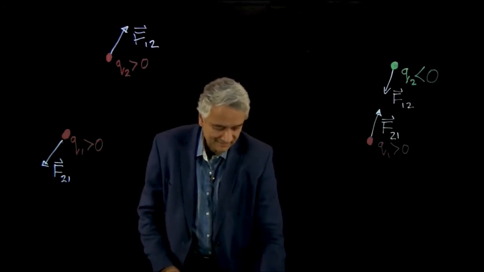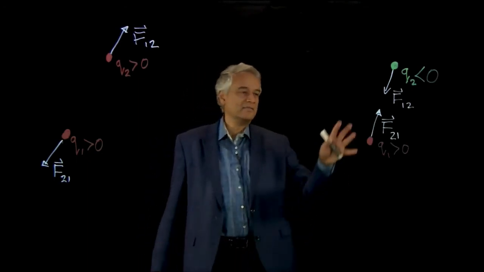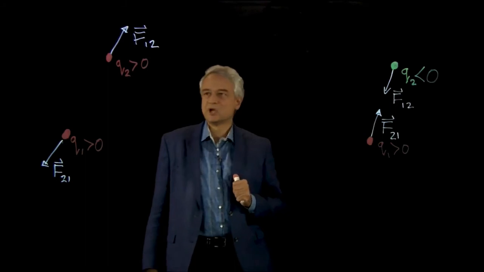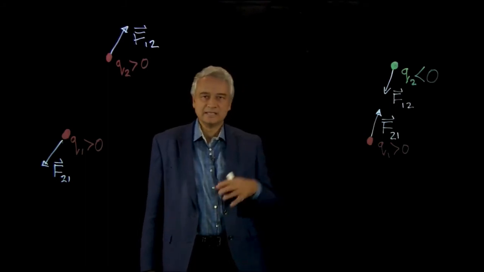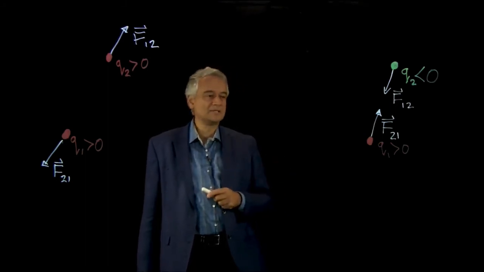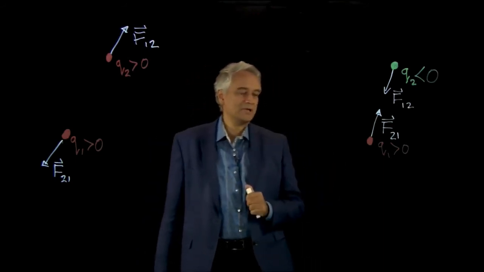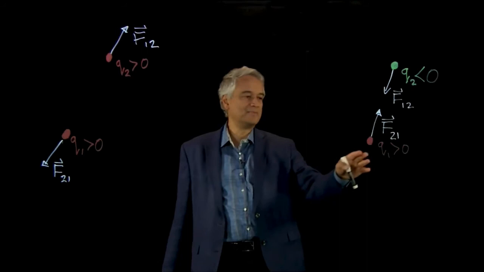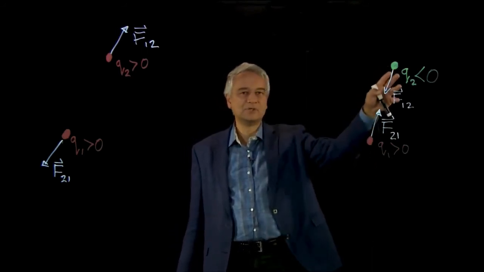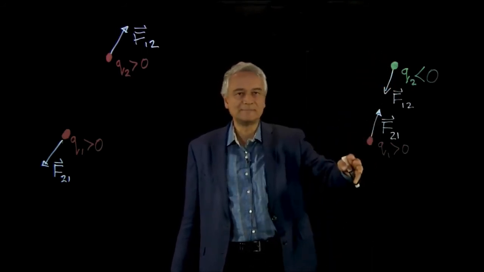What we're going to see is that the electric force, shown by these white vectors, when written as an equation, is very similar to the gravitational force between two objects. What you learned in mechanics was if I had two objects with mass m1 and m2, there was a force of gravity between them.